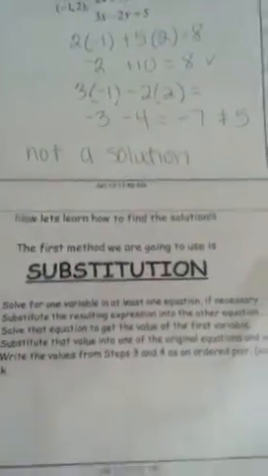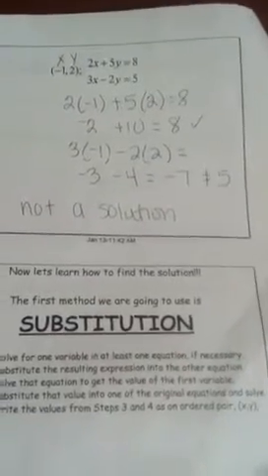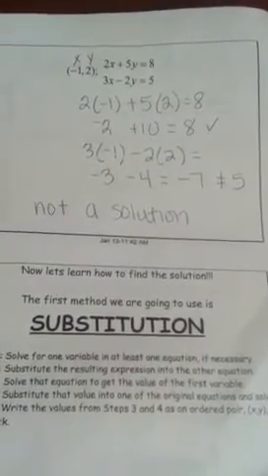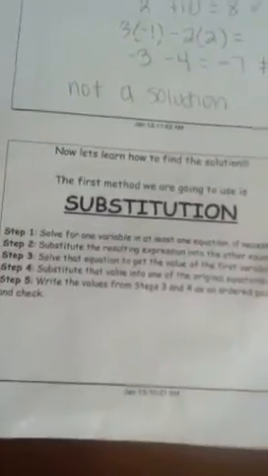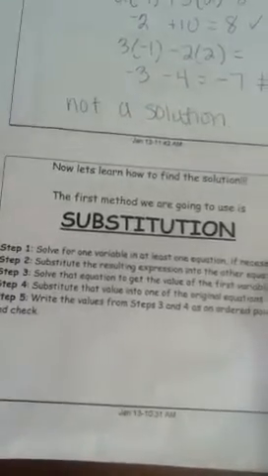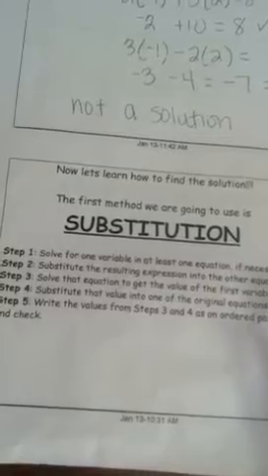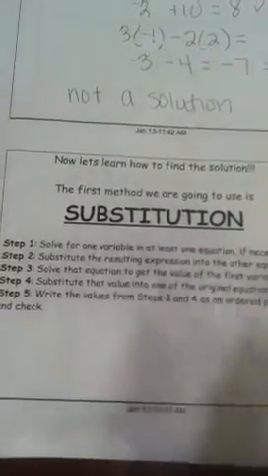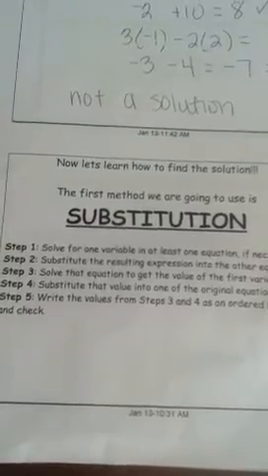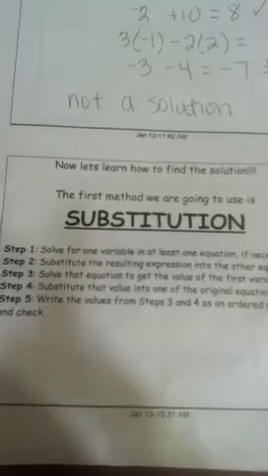Now we've talked about how to check to see if the solution is correct, but now let's talk about how to find the actual solution if you have the system of equations. Below you'll see the 5 steps that you'll follow. The first one is to solve one of the equations for a variable. The second step is to substitute that expression in for that variable in the other equation.